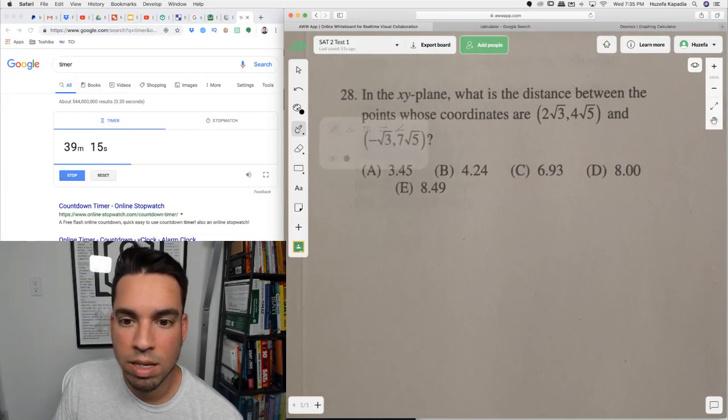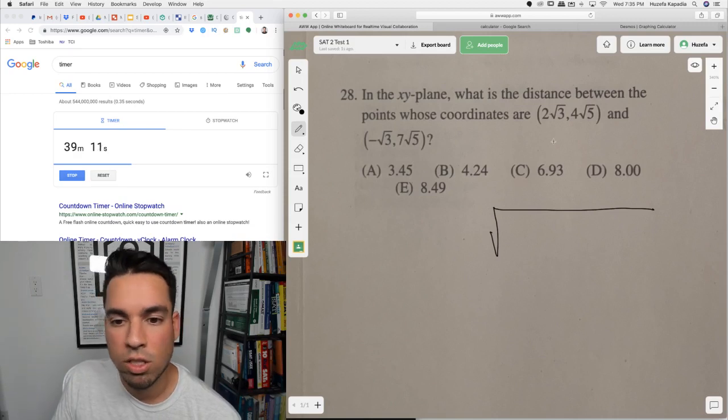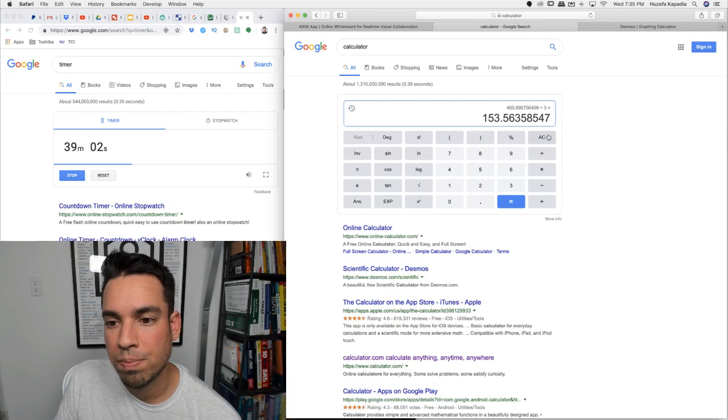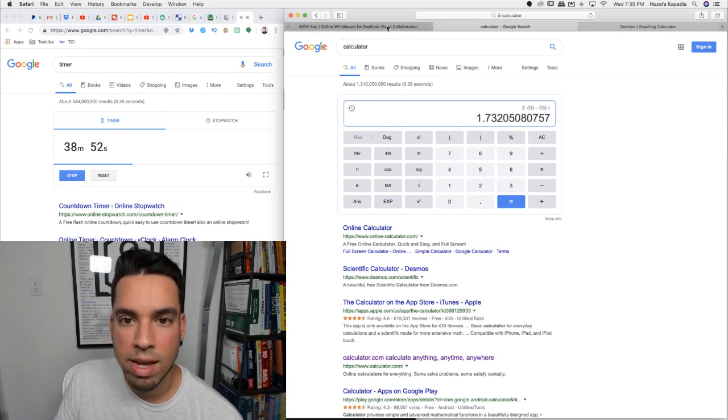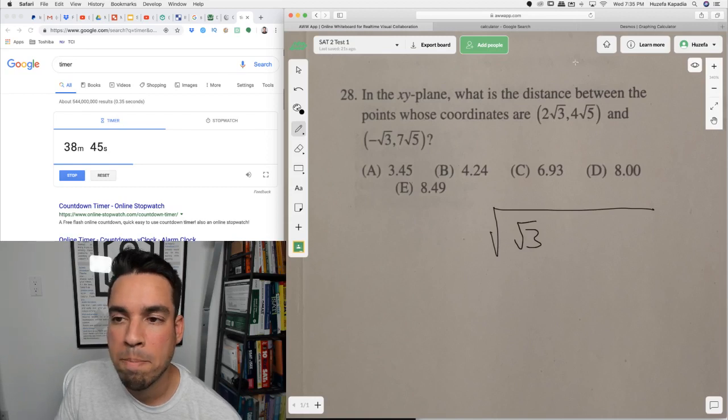In the xy plane, what is the distance between points whose coordinates are these? Distance formula. So we say square root, okay, let's just plug it into the calculator. It's the difference of these squared plus the difference of these squared. So 2 square root 3 minus square root 3. Actually, wait, let's do it this way. That's negative.